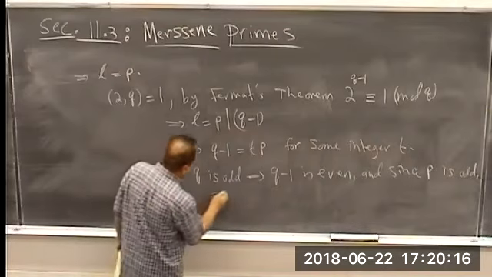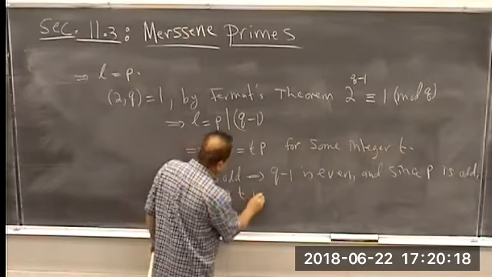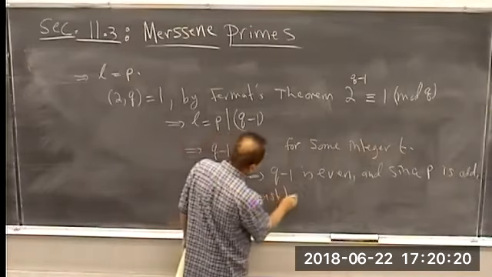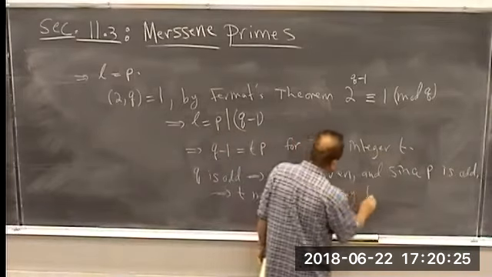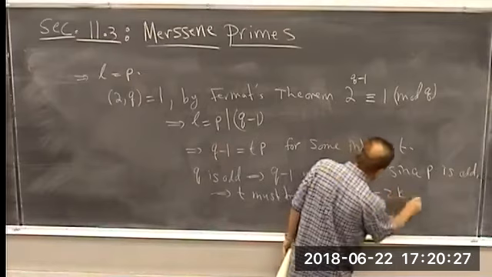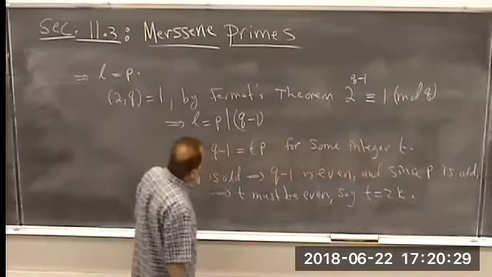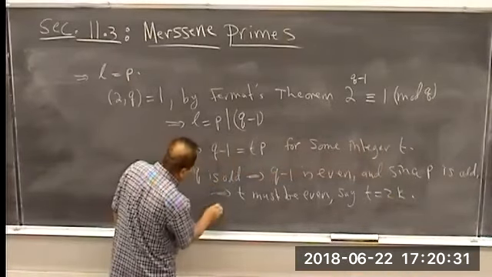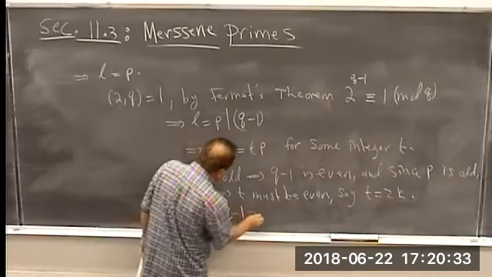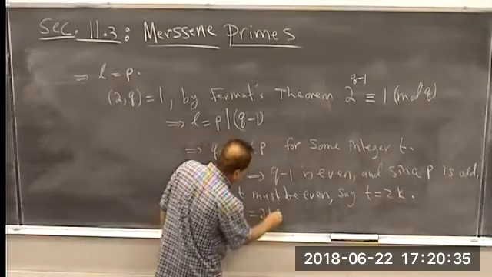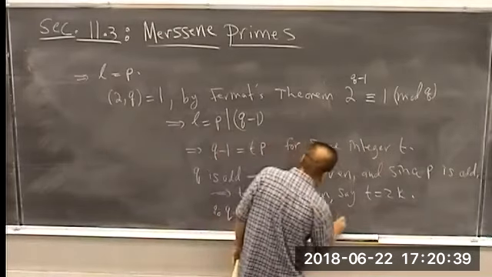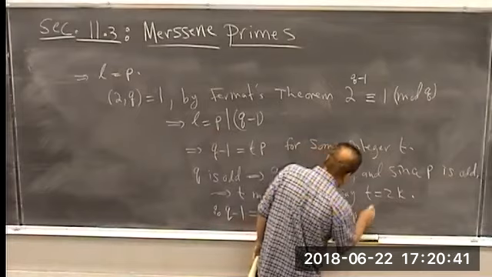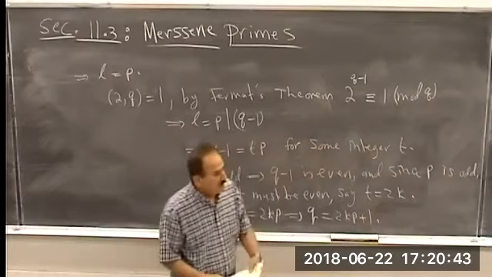So this implies T must be even. Let's say T equals 2K. And all together now, therefore we have Q minus 1 is equal to 2KP, and this makes this prime divisor Q equal to 2KP plus 1. All right.